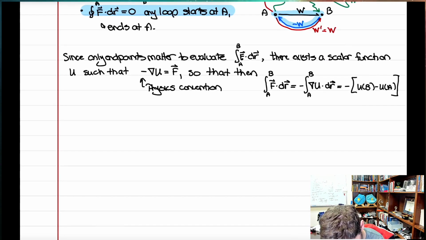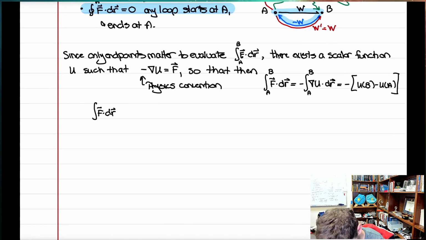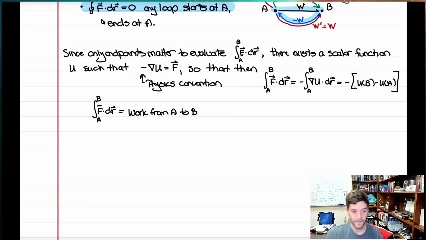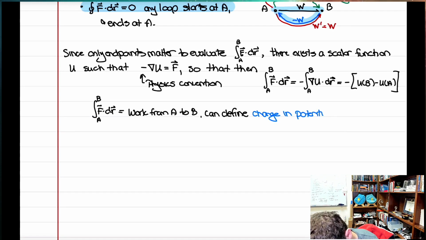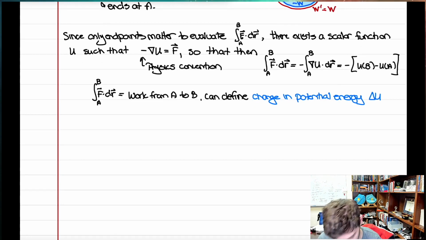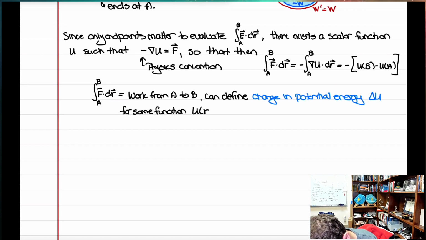Or we can just think again that if f dot dr is the work going from A to B, and we can represent this force as some sort of potential function, we can further define a change in the potential energy, delta U, not gradient of U, but delta U, for some function U, which is a function of position.